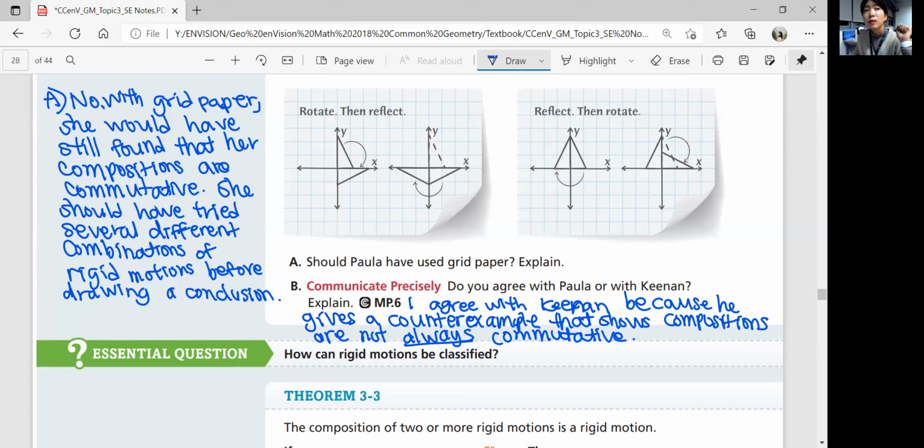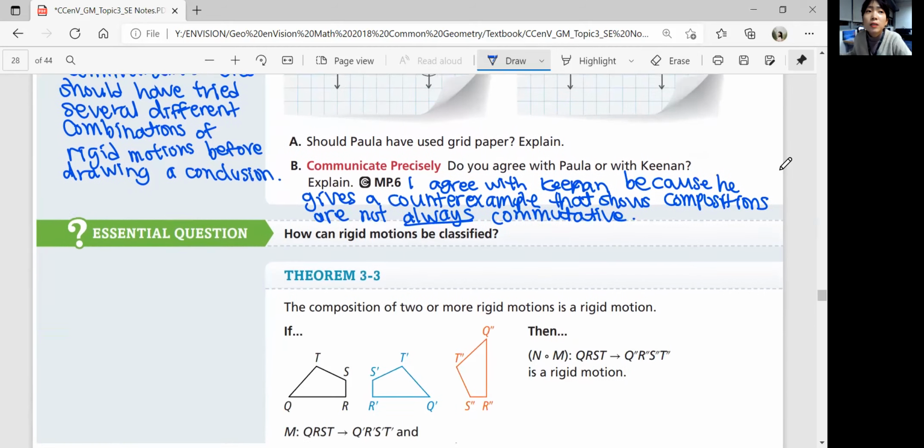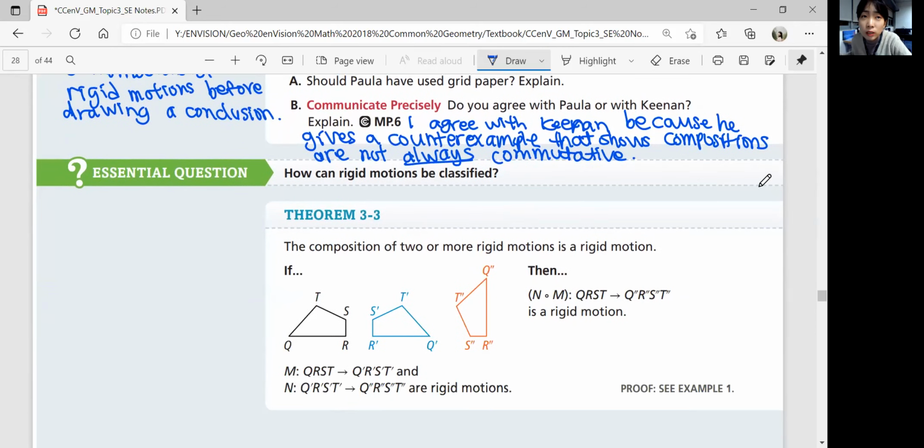Let's think about how rigid motions could be classified. Let's first start off with Theorem 3-3. The composition of two or more rigid motions is a rigid motion. Even if we have two or three compositions of rigid motions, because they're all rigid motions, they should stay a rigid motion.